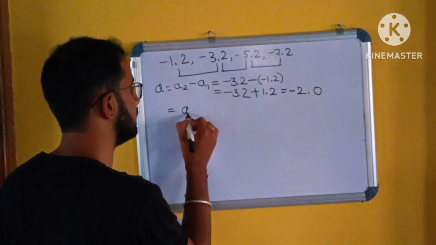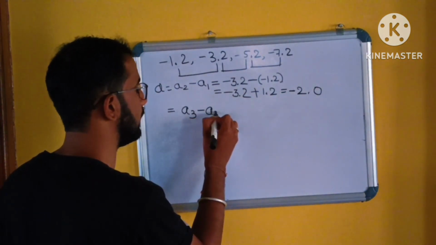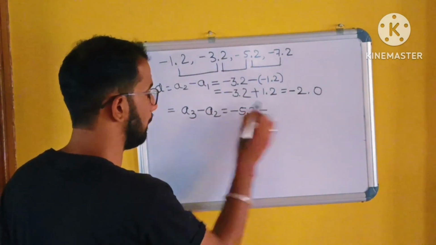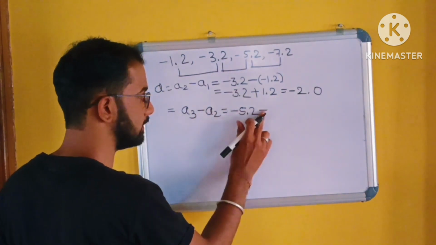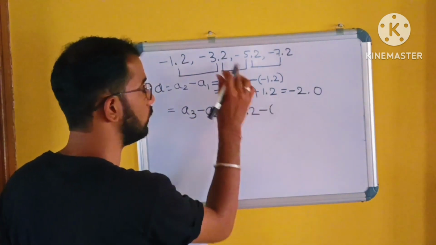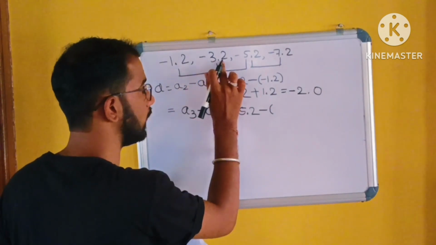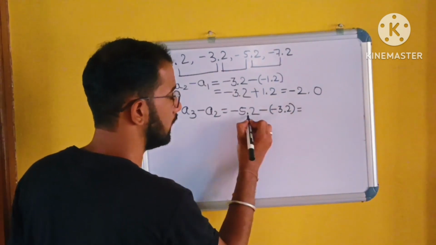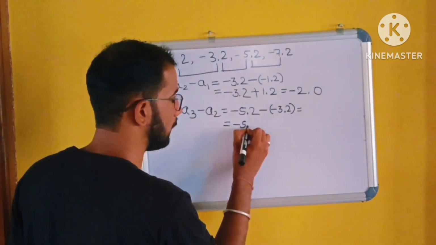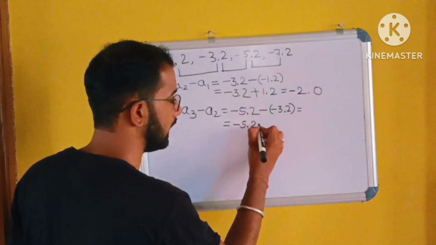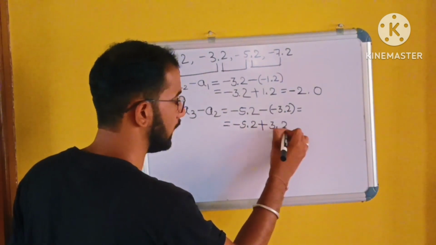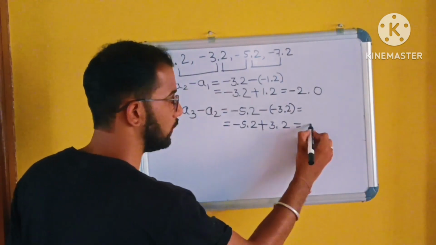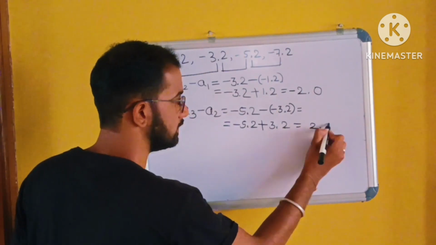And the second difference is A3 minus A2. What is A3? Minus 5.2 minus A2. What is A2? A2 is minus 3.2. Minus 5.2, minus into minus is plus 3.2. 5 minus 3 is 2, 2 minus 2 is 0.